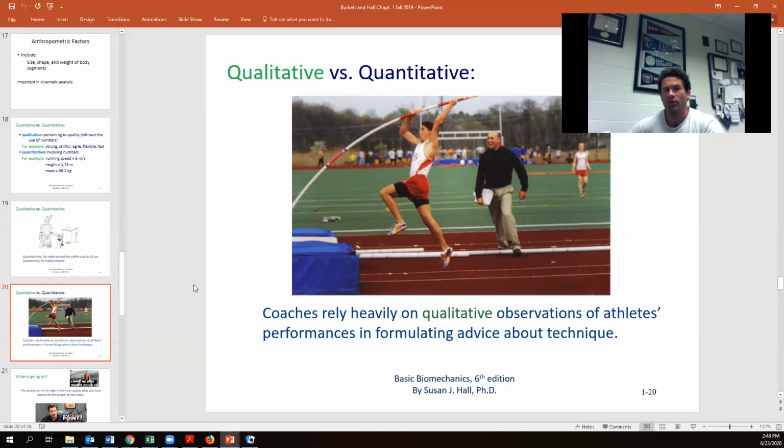But instead, if the coach said push harder off your left leg, you'd be like, okay, I can do that. So even though we utilize qualitative, we still need to have a respect and understanding for the quantitative, because that's really showing us what's going wrong with our system. And are we inappropriately applying that force, or do we not have enough force to apply in the first place?